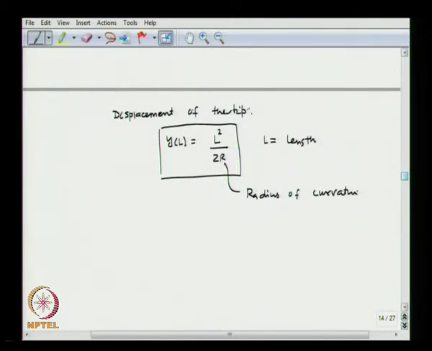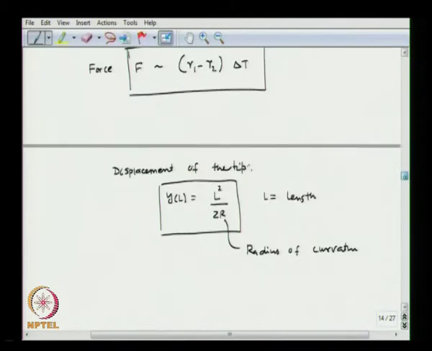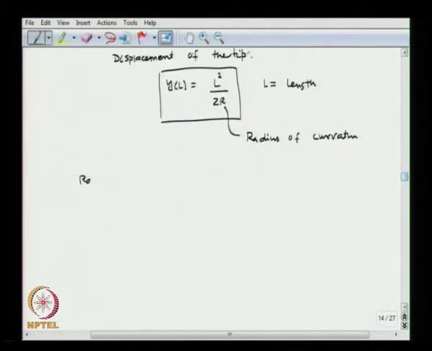Okay. So, the radius of curvature R is given by this expression: B1 E1 T1 square whole square, where B1 is the width of bimetal 1, E1 is the Young's modulus of bimetal 1, and T1 is the thickness of bimetal 1, plus B2 E2 T2 square.